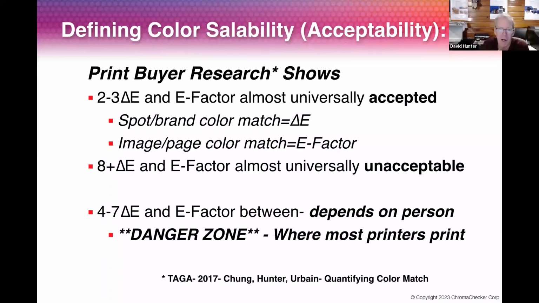And the problem for our printers is that most of our printers print between a 4 and 7 E factor, which I call a danger zone, because you're crossing your fingers that how your printer is printing is going to be accepted by the customer. And if you've never had experience with this customer, you're crossing your fingers that they're going to not reject it.